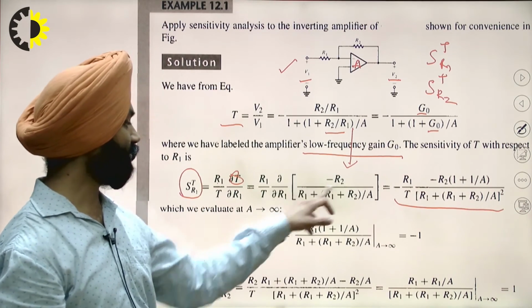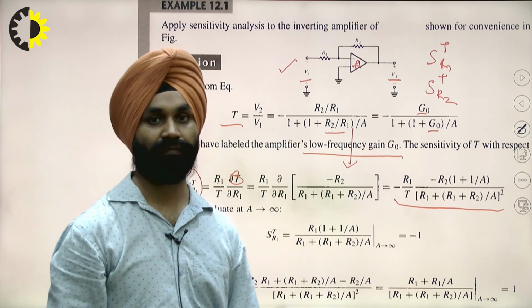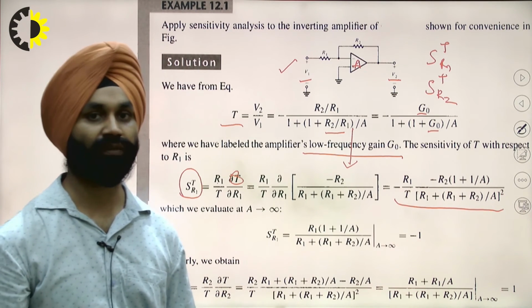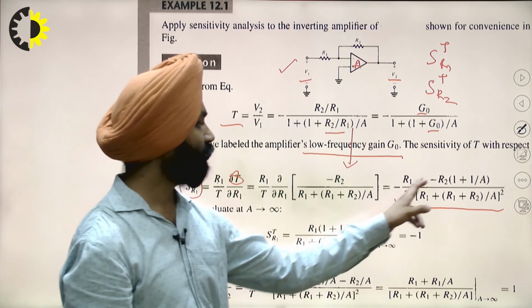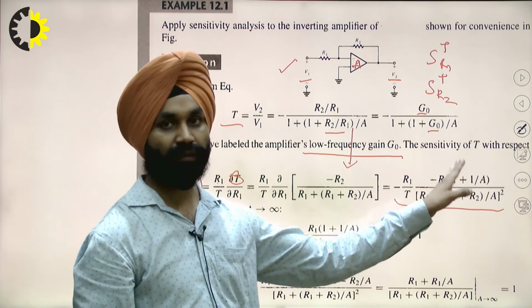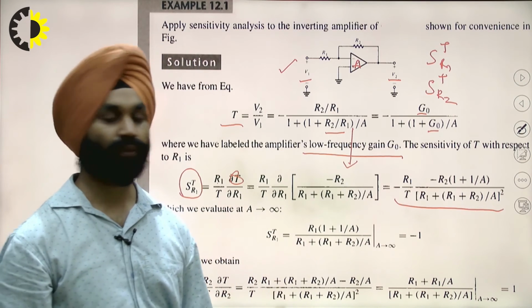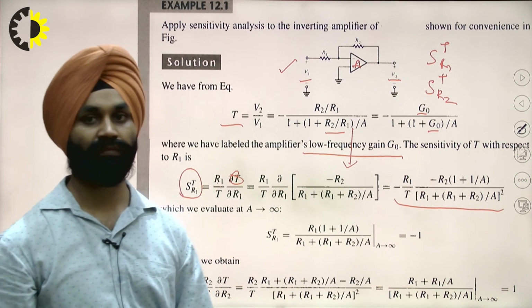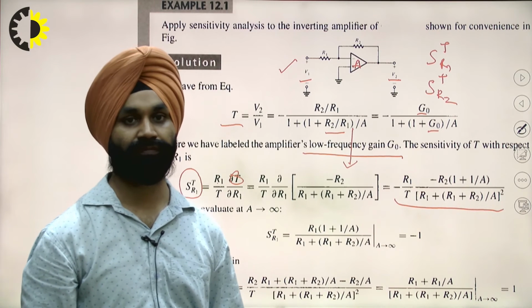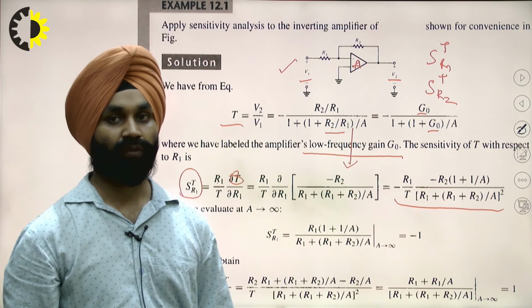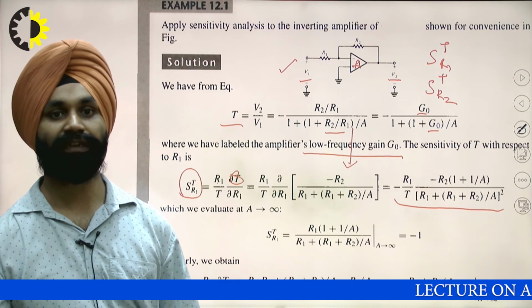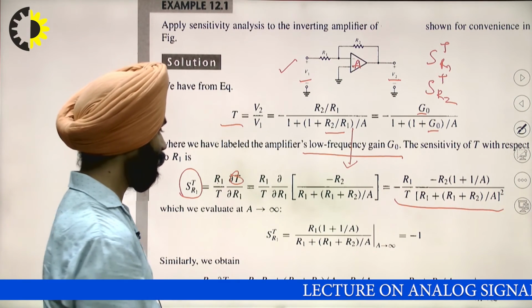The derivative of this with respect to del R1 gives R1 by T, and this is the inverting case, so it will be minus, into minus of R2 into 1 upon 1 plus A into divided by R1 plus R2 divided by A whole square. Now we have to take another assumption, let's suppose we have A as infinite.